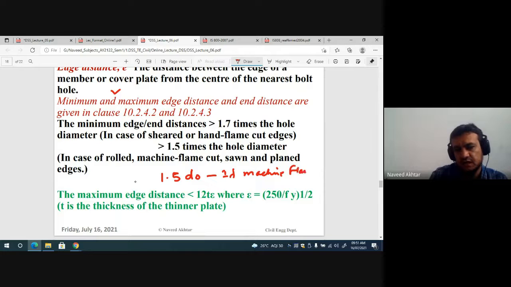And if it is hand flame cut, then it is 1.7 times.